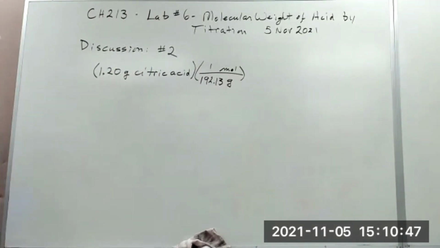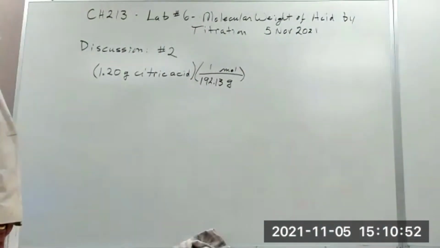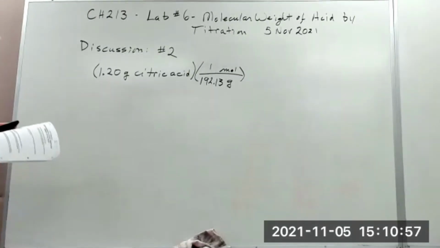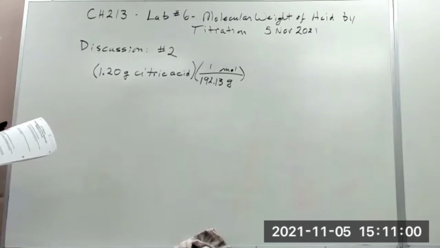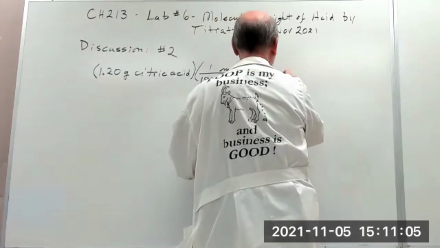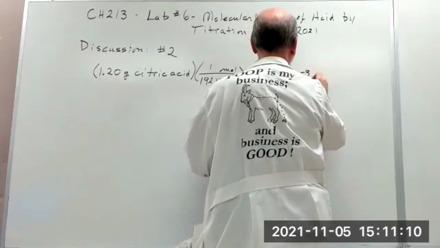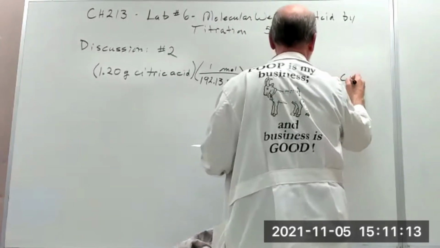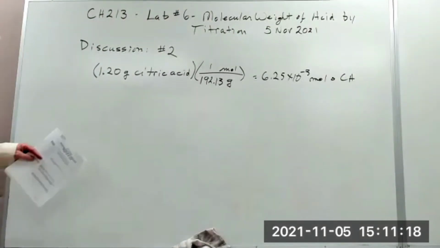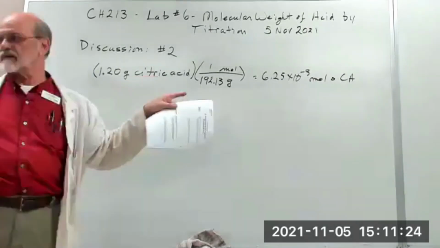So if we divide 192.13 into 1.20, we get 6.25 times 10 to the minus 3 moles of citric acid. Okay. How many moles of sodium hydroxide are required to react with that many moles of citric acid?